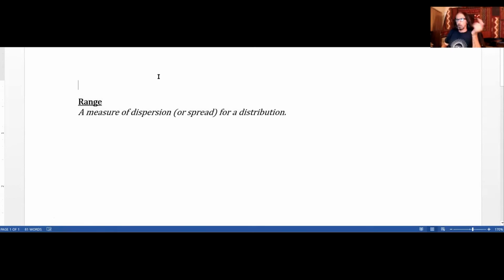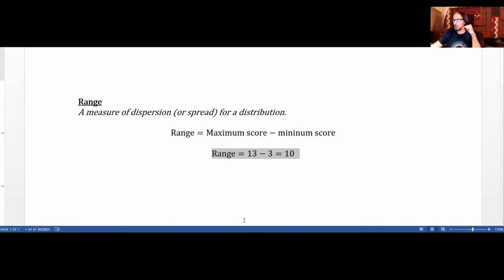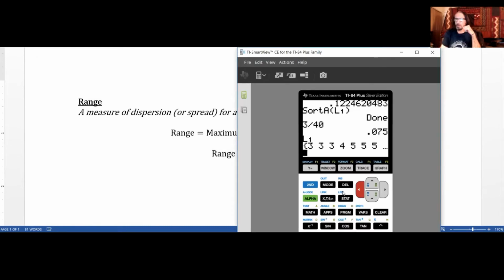So this might seem like a detour from the detour, but it's not. Range, we'll talk more about measures of dispersion not too long from now. It's a measure of dispersion or spread, and there's more than one way to do that. Range is one of them. It is taking the maximum score minus the minimum score, which in this case is 10.